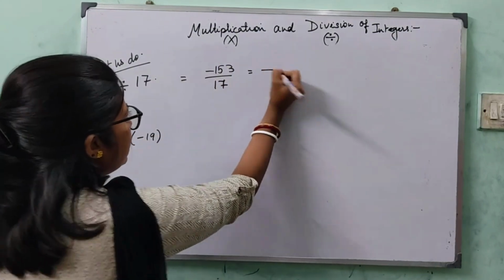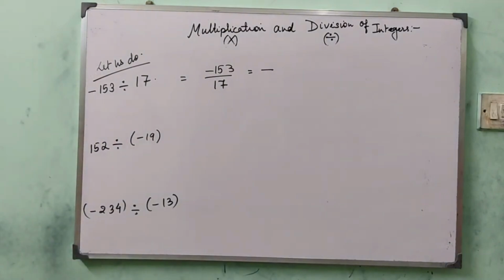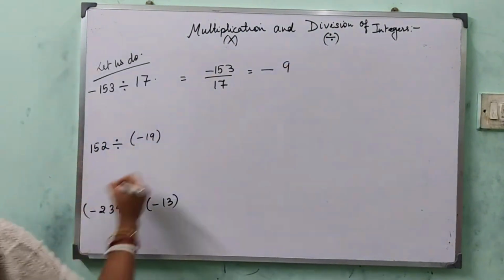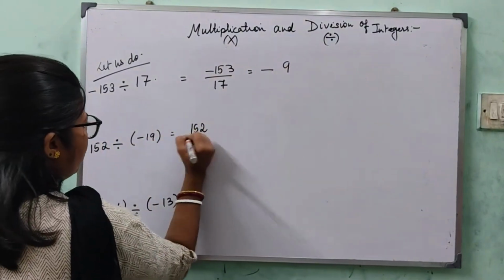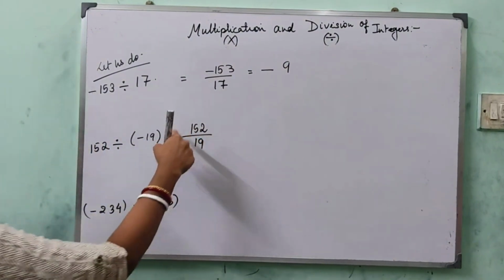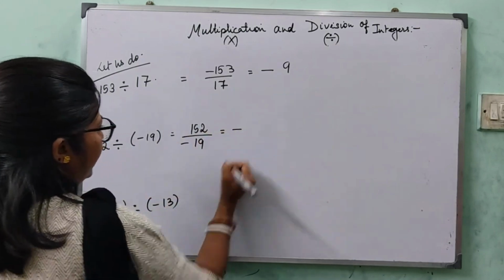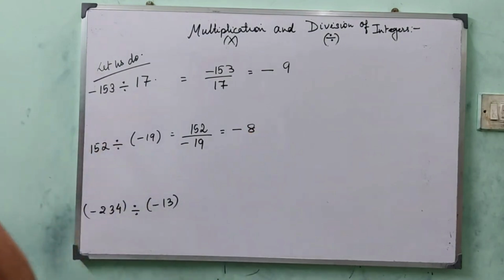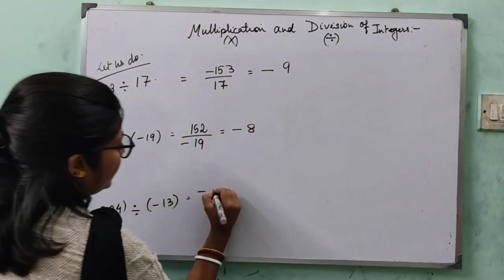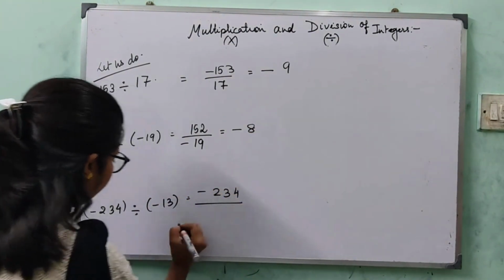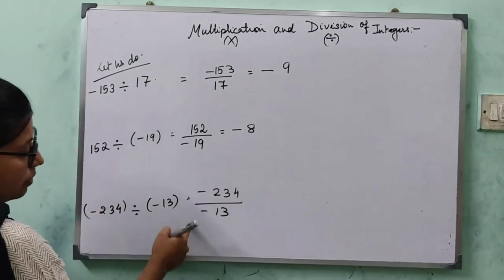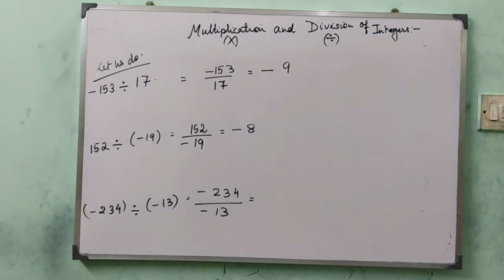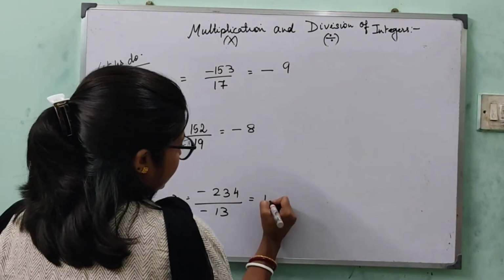So the quotient will have a minus sign as per the rules that we just now learnt. So this is minus 9. Here 152 by minus 19, one positive, one negative. That means a minus of 8. Next, minus 234 divided by minus 13. Both are having negative signs. So it will have a positive sign in the answer. So this is 18.